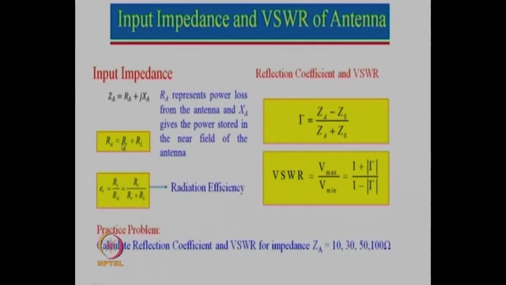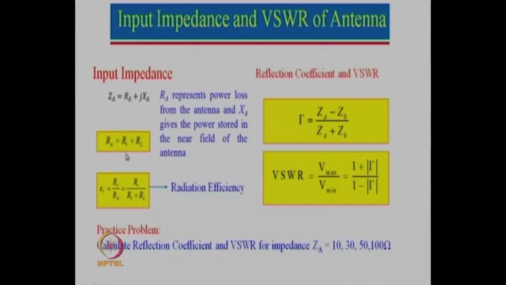What is actually done is that power radiated from the antenna is considered as power loss from the circuit point of view. So, power radiated from the antenna can be approximately written as, let us say, I square R or V square by R. Whatever is the power radiated, divided by that current or voltage, will give us the value of radiation resistance.